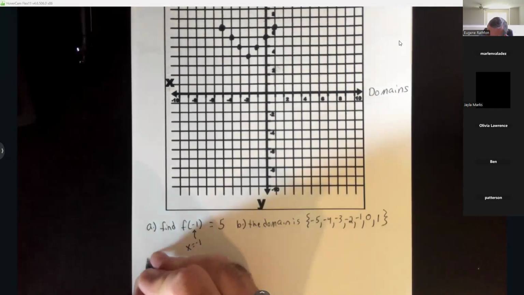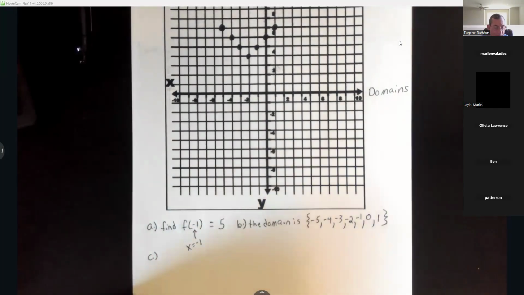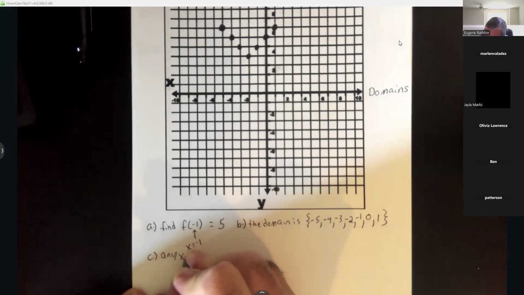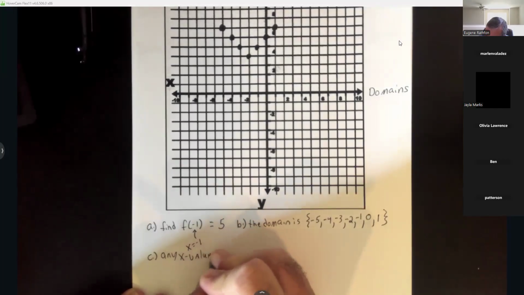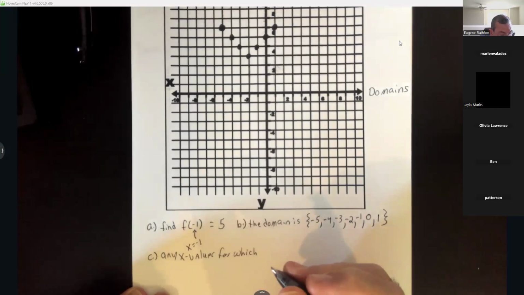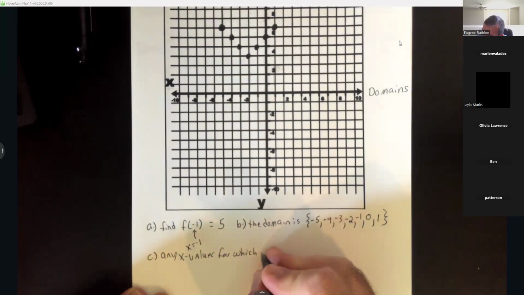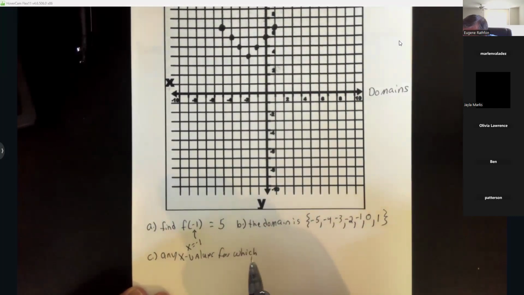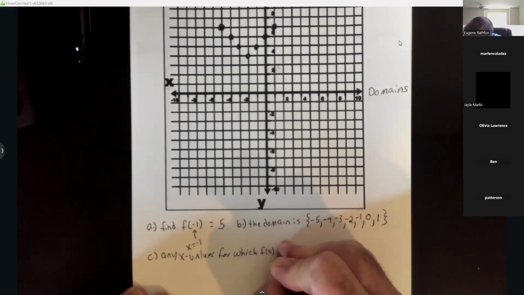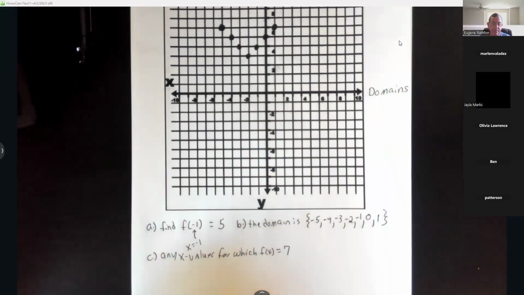All right, y'all, then they had a C here. So for C, they want me to find any x values for which f of x equals 7.